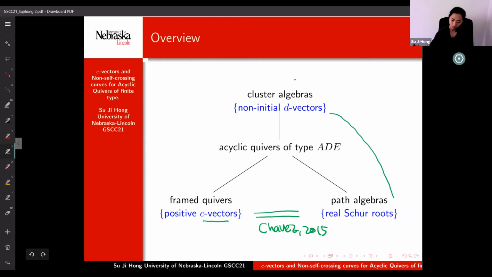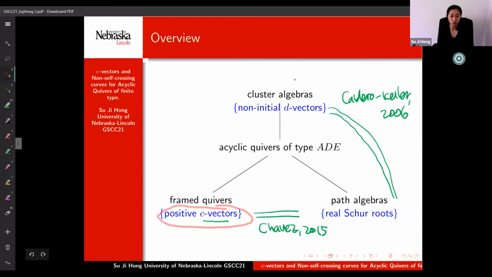And then what we know is that these are also equal, which was proven by Caldero and Keller in 2006. So these objects are very interesting because we just need to prove it for one of them and it's true for the other. They're equal as a set. So we wanted to know more about these vectors.